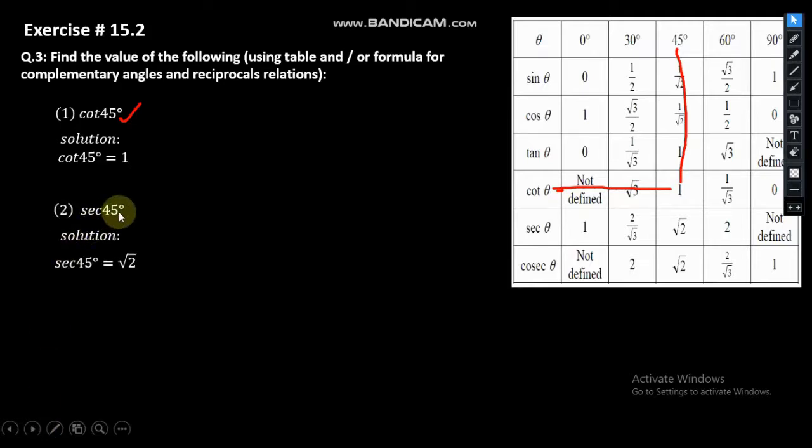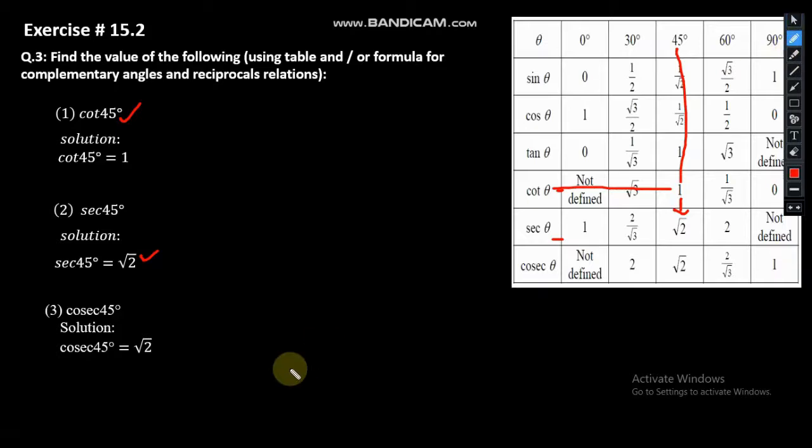Sec 45 degree. Sec 45 degree is equal to under root 2. Now next question. Cosec 45 degree. Cosec 45 degree is equal to under root 2.